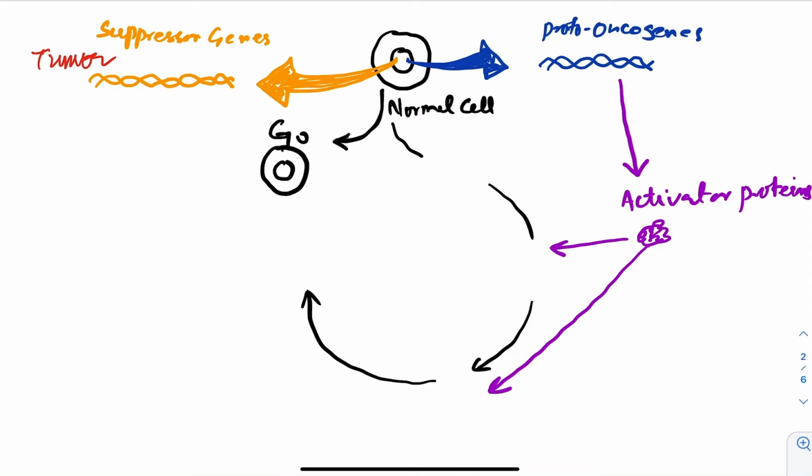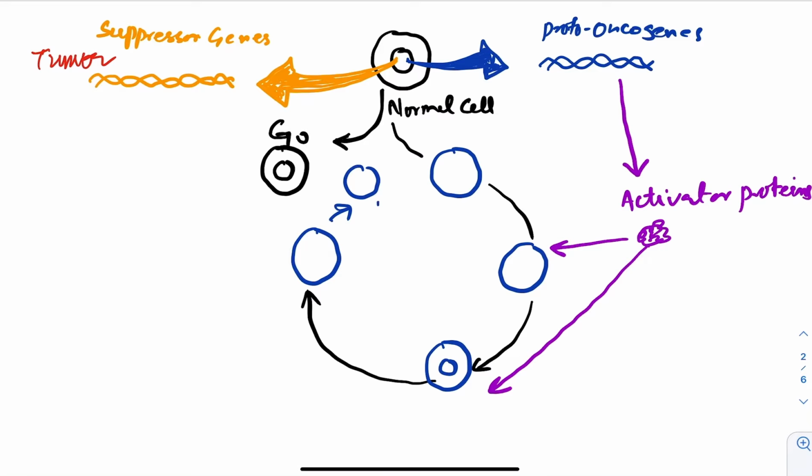So, if these proteins are present in higher concentration, this cell would undergo rapid division and will make more and more cells.